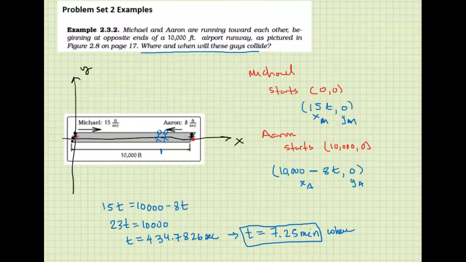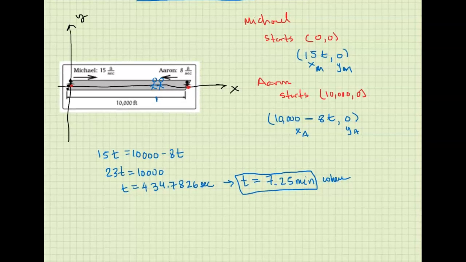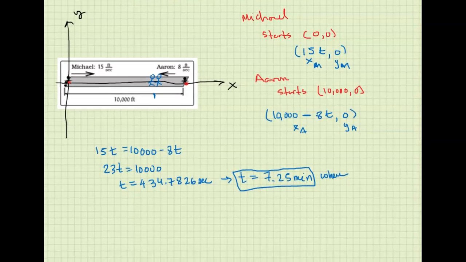When and where. So the where is going to be in our coordinate system. We figure out x. We can plug in either of them because they should give us the same value, because that's how we found that time, by setting them equal to each other. So we have 15 times 434.7826. Notice that I'm putting my time in seconds in here.